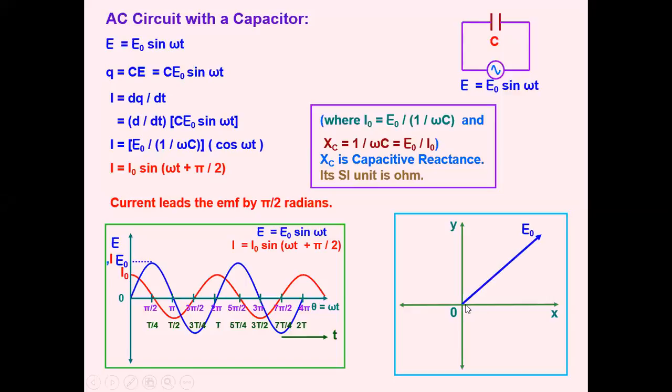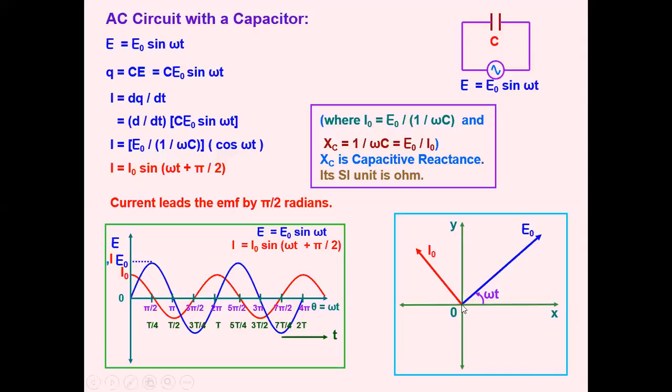We will draw an arrow taking the magnitude of the amplitude of alternating EMF, and then we draw the phasor of current. You see that current leads the voltage by a phase difference of 90 or pi by 2 radian.